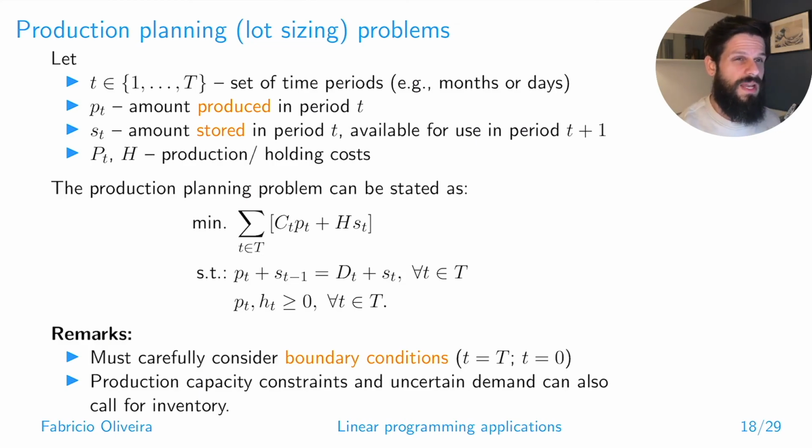So you have to deal with these boundary conditions to make sure that, for example, you artificially augment your planning horizon to discard boundary conditions. So you're interested in the steady state of the process. This is not a unique feature of optimization. It happens with many models in many different applications, but it's just something for you to pay attention to.